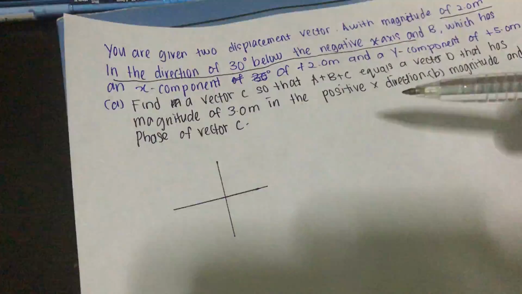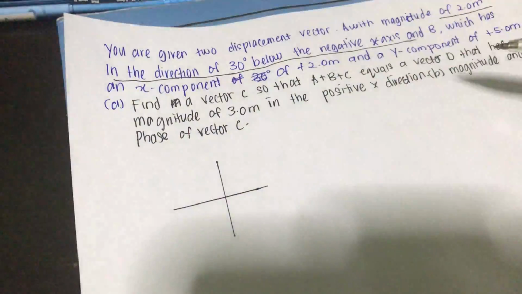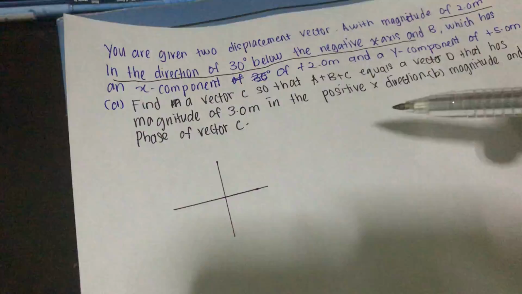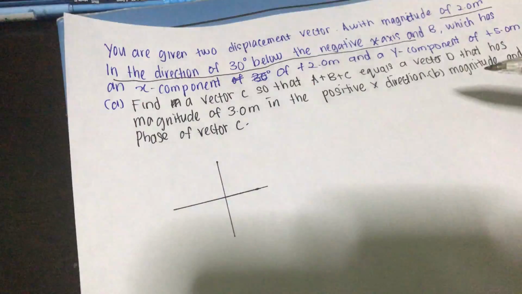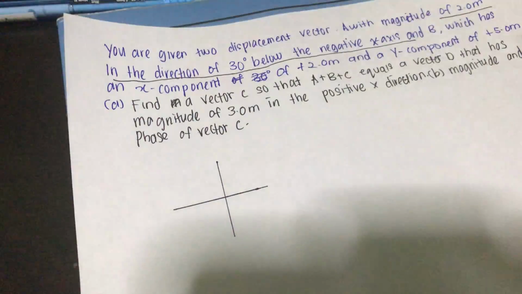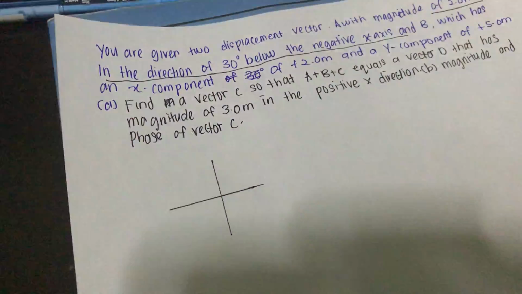Find a vector C so that A plus B plus C equals a vector D that has a magnitude of 3.0 meters in the positive x direction. And part B is the magnitude and phase of vector C.